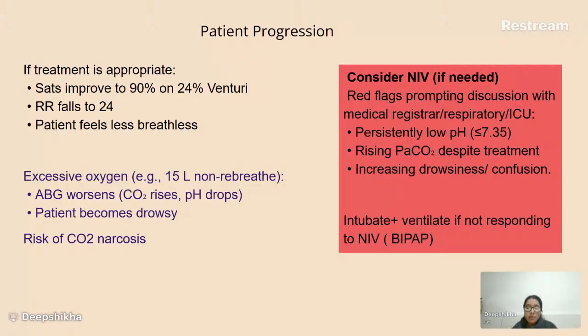If the Venturi mask is not applied in this case, and you just apply a 15 liter non-rebreathe mask with excessive oxygen, then the ABG can worsen, and the CO2 can rise and the pH can drop. You're making the patient's blood more acidic, and the patient becomes drowsy as well.